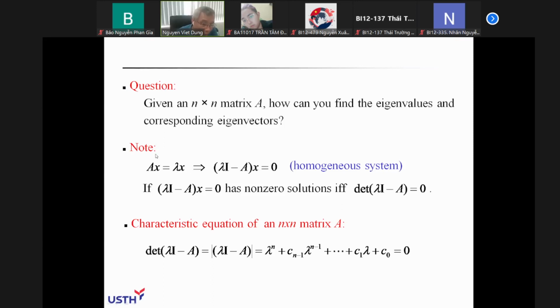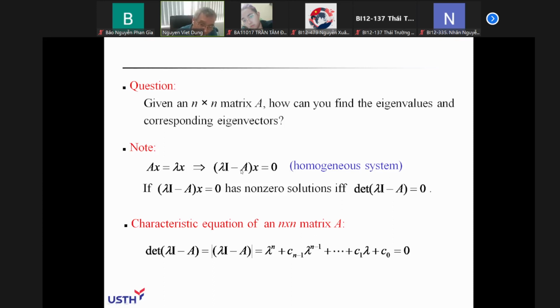So now we have this equation. If you move lambda x from the right-hand side to the left-hand side, you get (lambda I minus A) x equals 0, where I is the identity matrix.